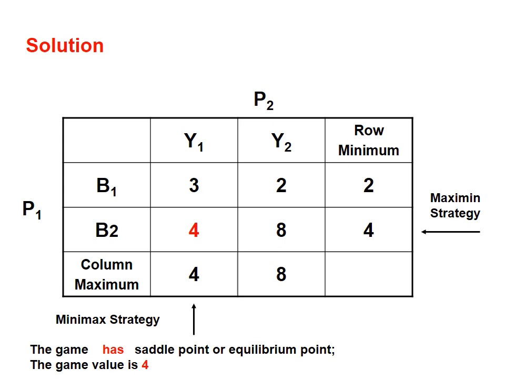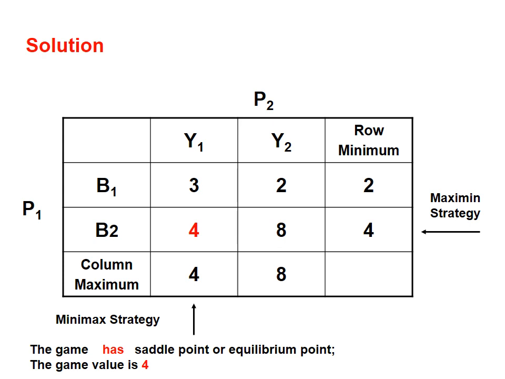For Y1, the maximum is 4, and for Y2, the maximum is 8. Now we will select the maximin strategy for player 1. We will compare 2 and 4 and select the largest of them, which is 4. And for player B2, we will select 4, which represents the minimax strategy.